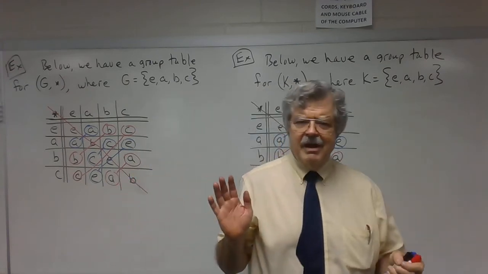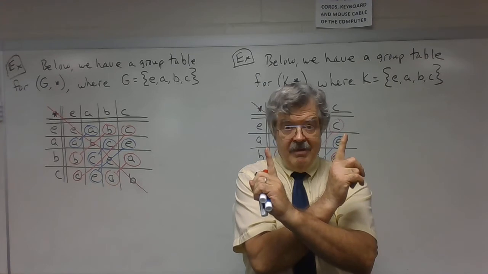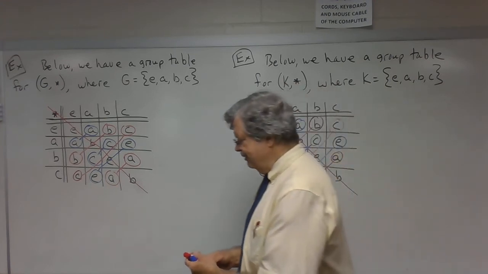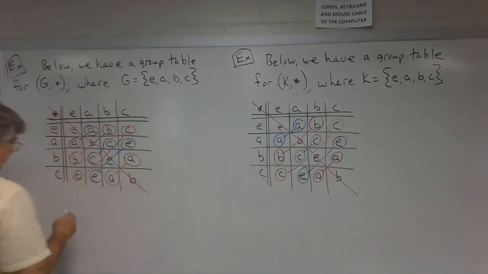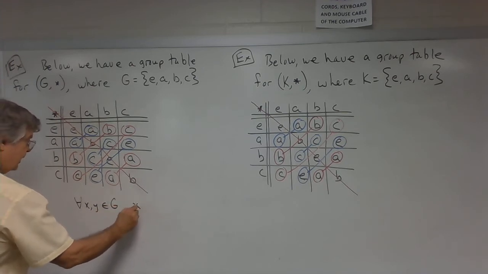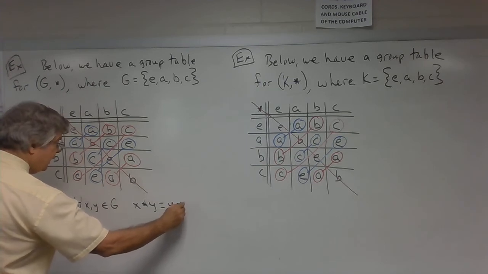Switching the row and the column means we switch the order of the pair. So in other words, for each x and y in G, x star y equals y star x.